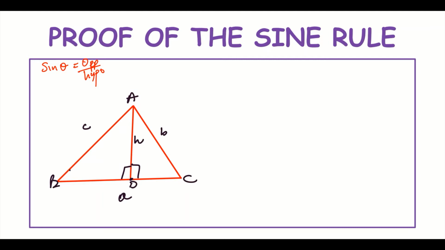Considering that we're given the angle B and the angle C, let's use those angles to find the perpendicular height h. So let us look at it.